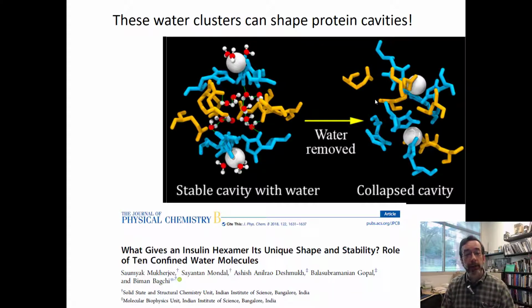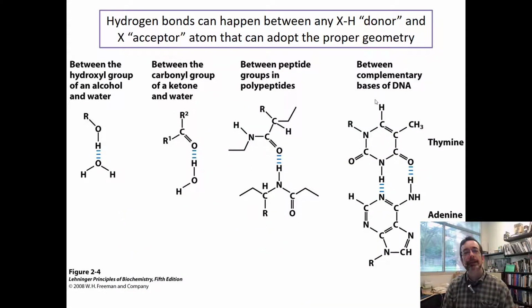Here's another view of the same cavity. You can see the waters, and you can see these little green hydrogen bonds holding them together, like I think it's right up there above my head. If you take away the water, the insulin, by the way, becomes much less stable.